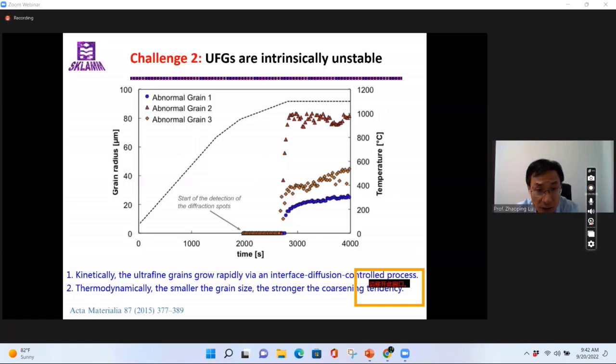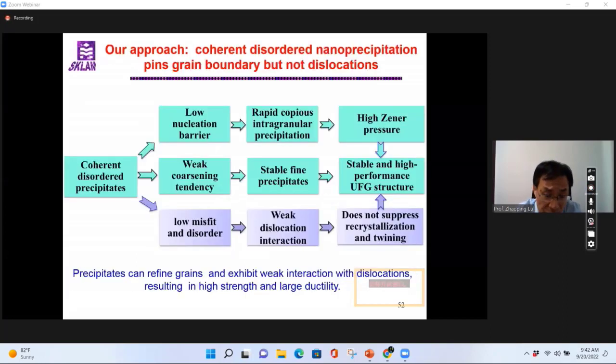Another challenge is ultrafine grains are usually unstable because of high energy. So how to make the material stable? Our approach is that we use disordered nanoprecipitates because they have a very low interface energy and low nucleation barrier. So we can end up with many precipitates.